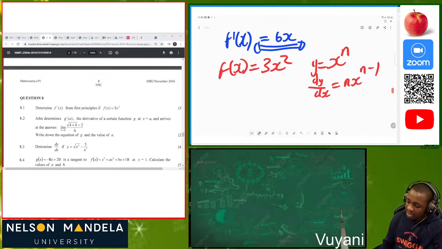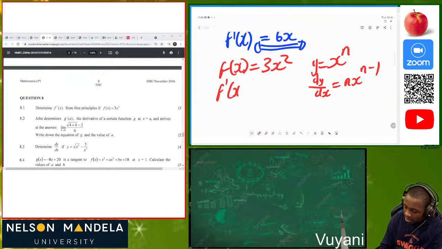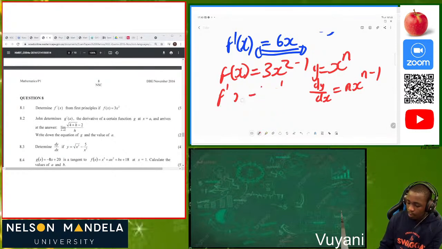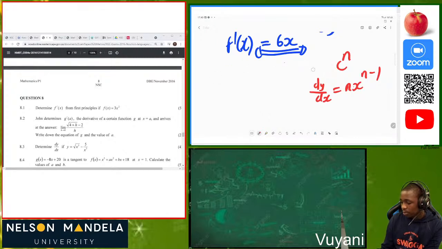So we apply the power rule here. f prime of x equals 2 times 3, which is 6x, then 2 minus 1 gives us positive 1. So if you use the shorter method by the power rule, it's still the same as the one on top.